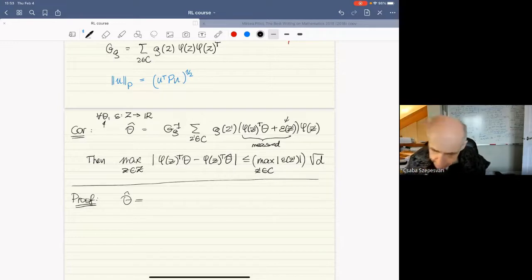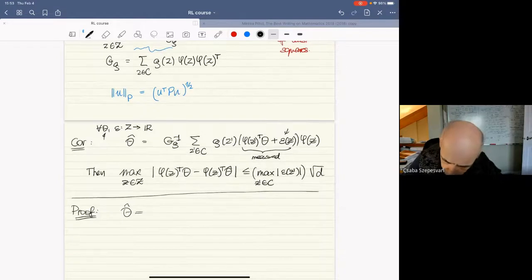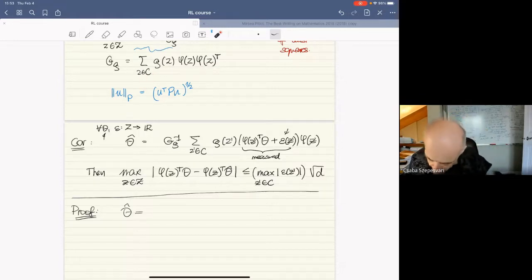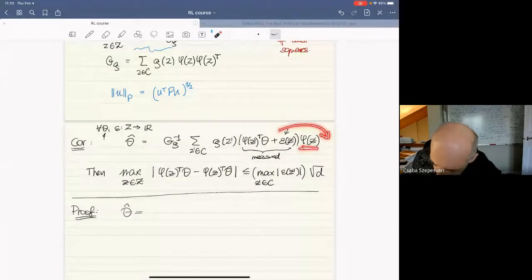You may notice, there is the definition of G of rho. G of rho is the sum of the weighted outer products of the feature vectors over this set C. So here there is this sum over C. There is a weighting, and this is a real number. So I could move this to the other side of this vector.